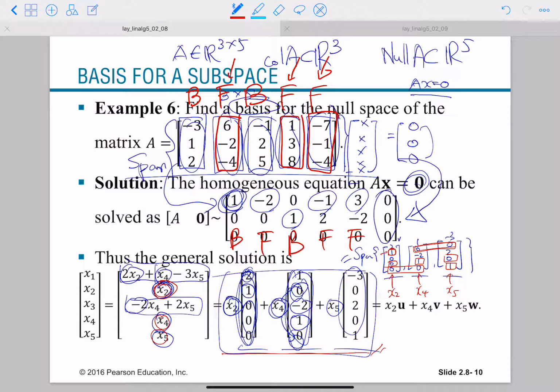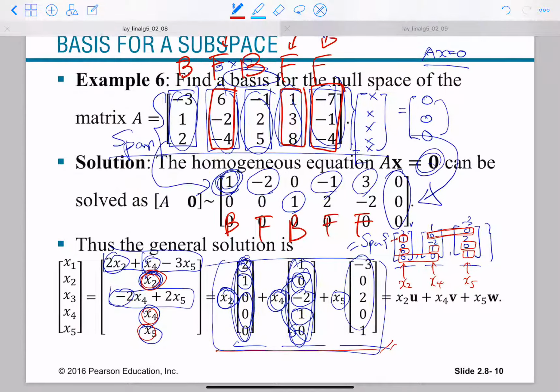So those free variables and their corresponding columns will be represented as a linear combination of the previous vectors. Okay, so let's understand why.